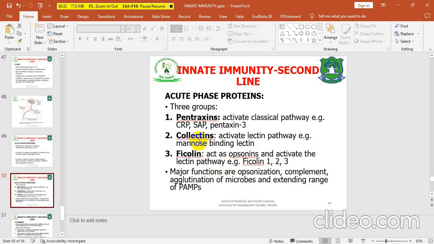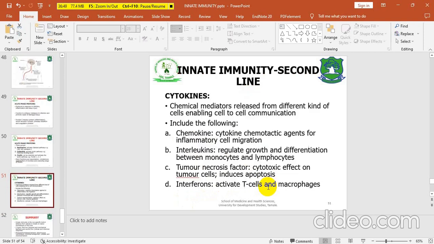So the lectin pathway is mediated by collectins and ficolins. Major functions of acute phase proteins are opsonization, complement fixation, and agglutination of microbes, and extending the range of phagocytes. Let's look at cytokines in a nutshell.